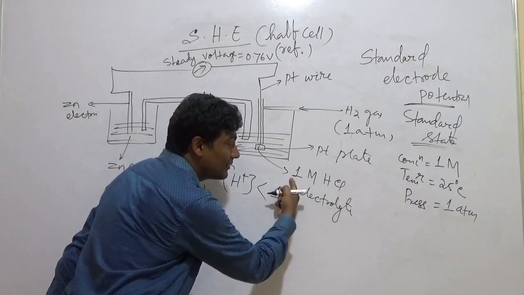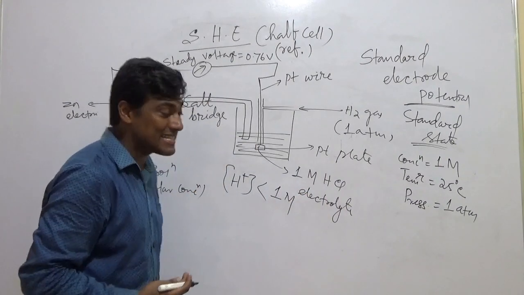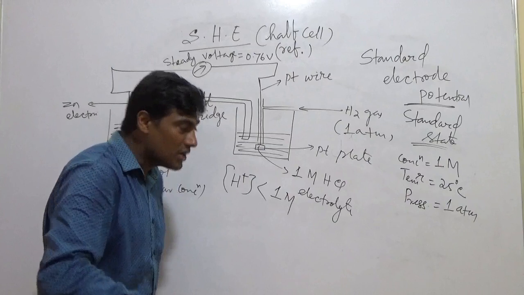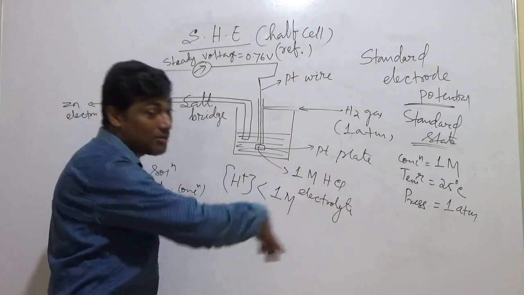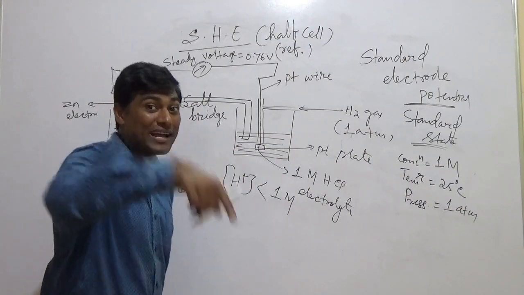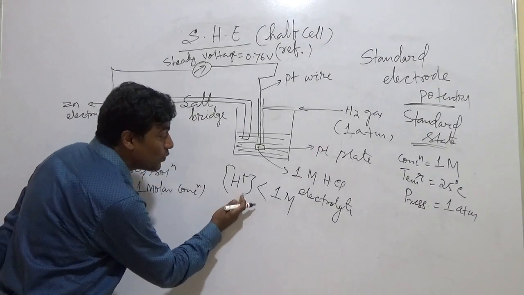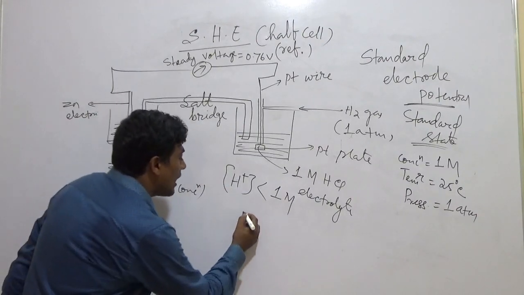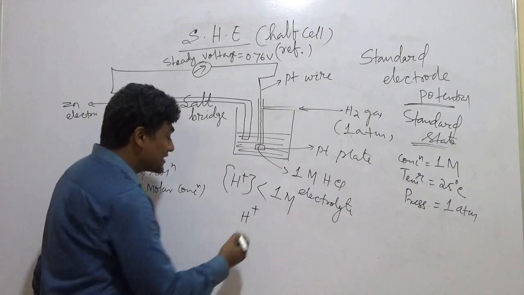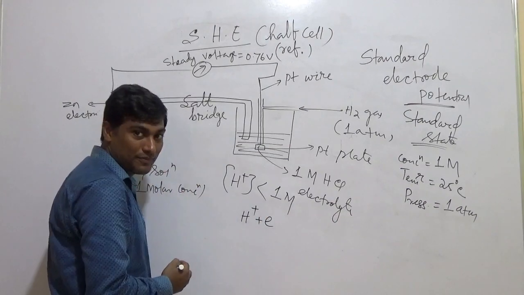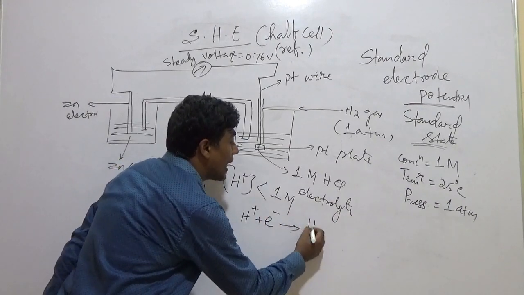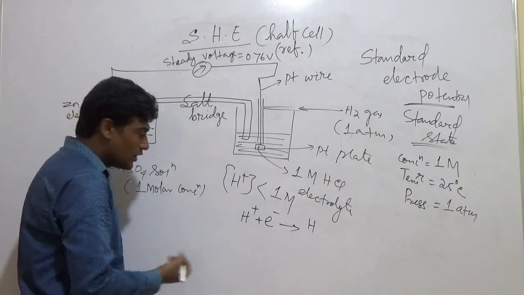But we have taken 1 molar hydrochloric acid, so it should give a hydrogen ion concentration of 1 molar, but we are getting less than 1 molar. That means hydrogen ion has been used up to give hydrogen gas.